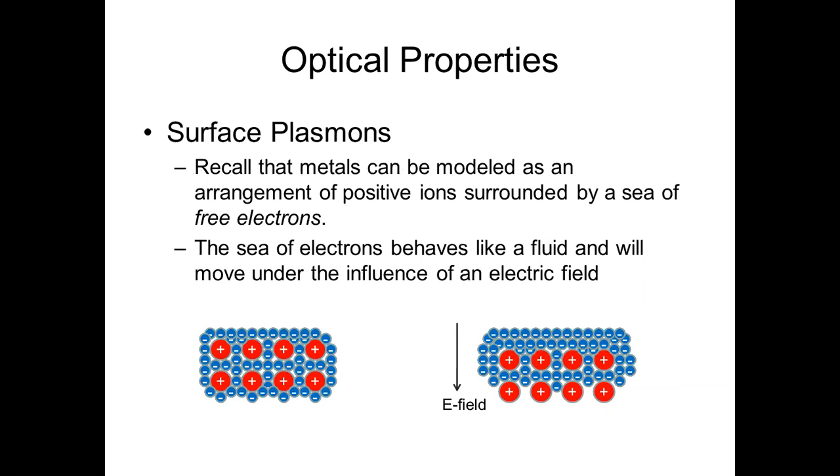Recall that metals can be modeled as an arrangement of positive ions surrounded by a sea of free electrons. That's a consistent model that I discuss all the time in my material engineering courses. We look at the positive charge.